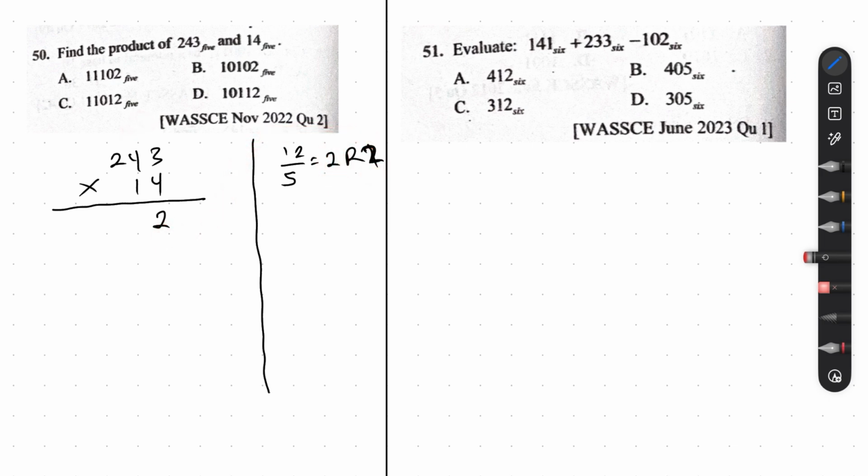Let's go. 4 times 4 is 16. 16 in base 5 is 3 remainder 1. So remember that we have to write out our remainder right here, but not forget that we have a dividend that we also need to add, which is 2 over here.